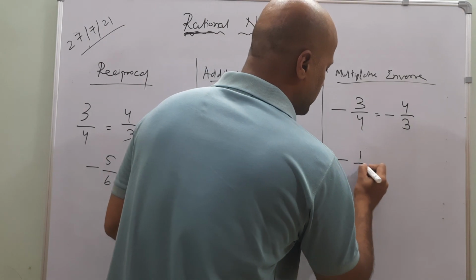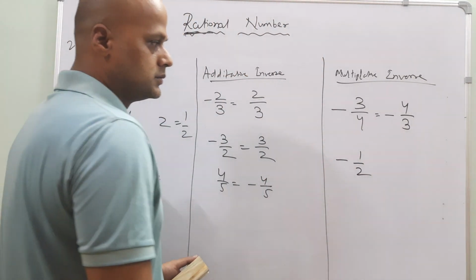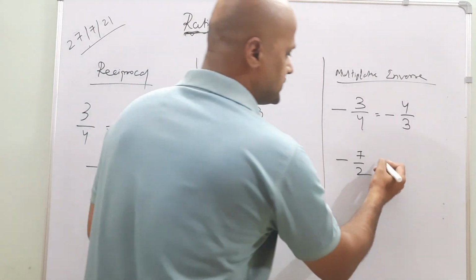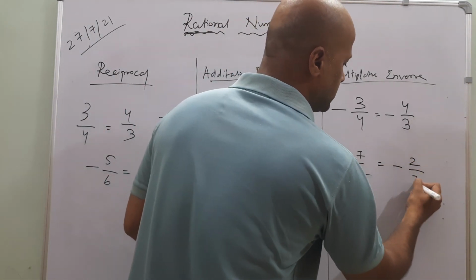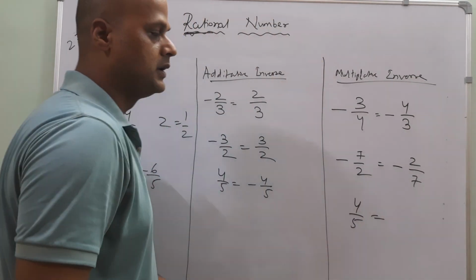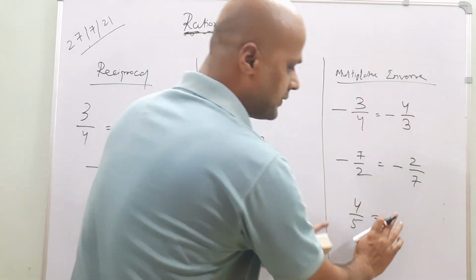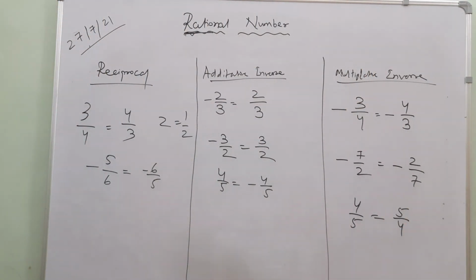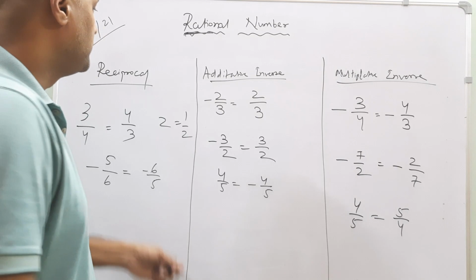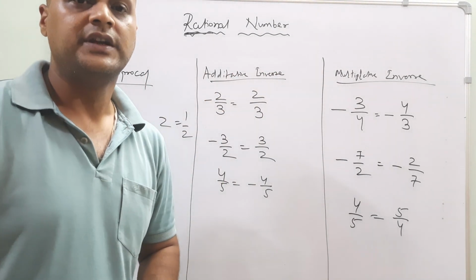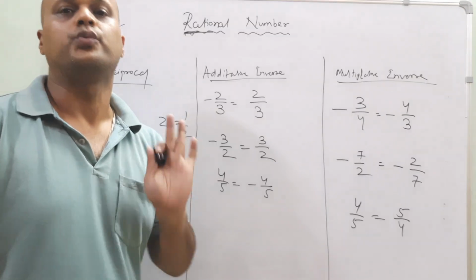If it is minus 1 by 2 or 7 by 2, same thing, minus 2 by 7. If it is 4 by 5, what will it be? The same sign will be there, only it will be reciprocal. Now friends, understood? These three are very important to solve your problems in standard 8 chapter 1.